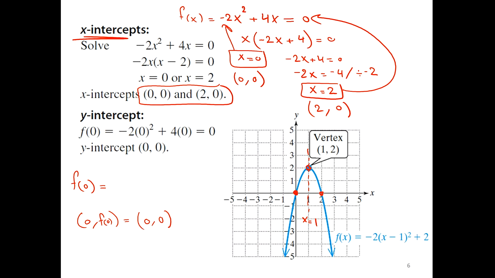Also, what's the value of the y-intercept? Also 0, so 0, 0. This is the point for both x and y-intercept. We have only one point that is the intersection, which can be called the x-intercept and y-intercept. This is 0, 0 only. Okay. Any question?